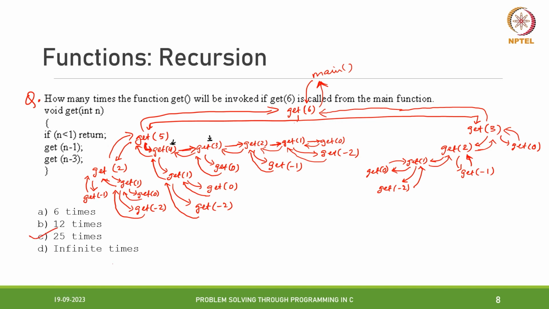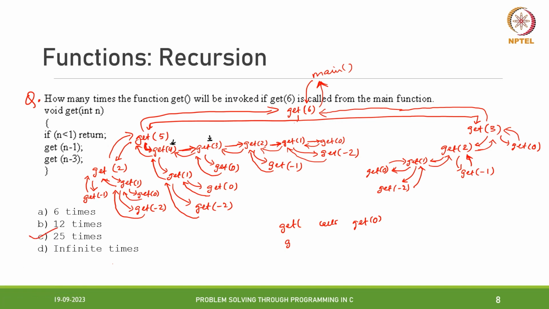Yeah, you can try this by yourself and understand it if you write it step by step. Don't directly go and make this schematic, but rather just write it like this: get of 4 calls get of 2.